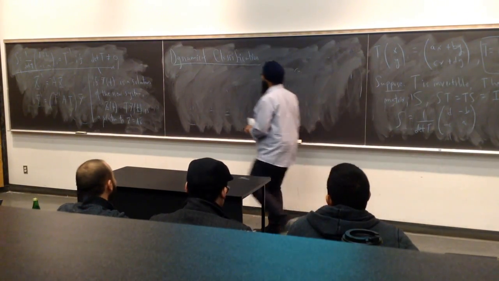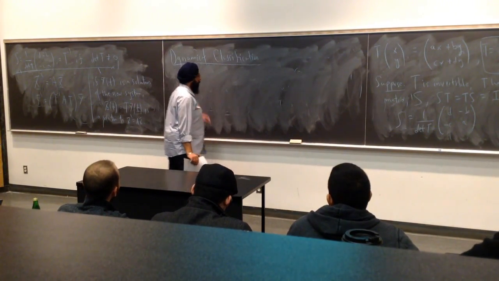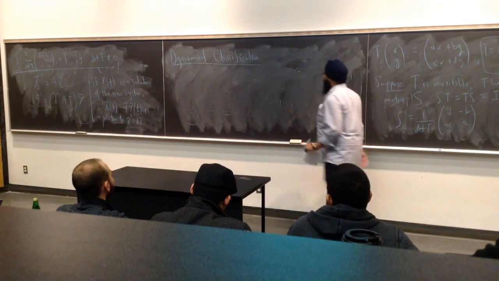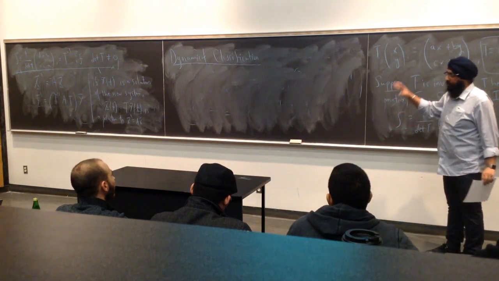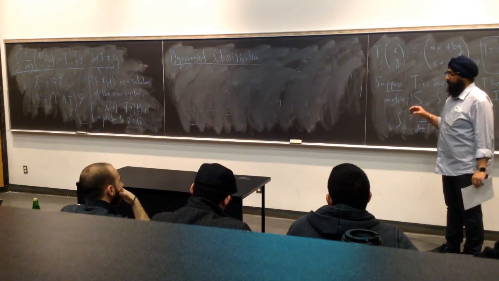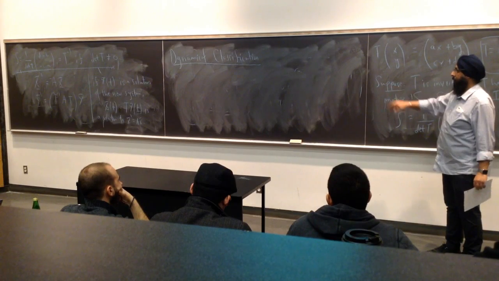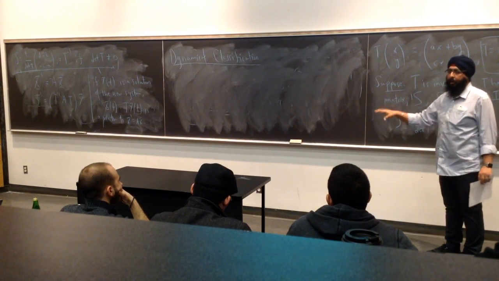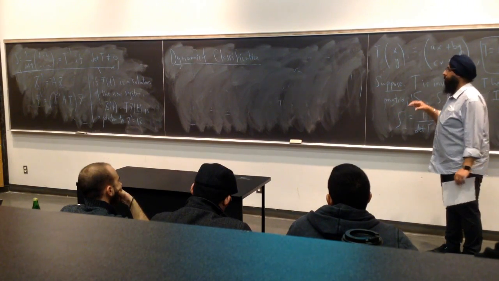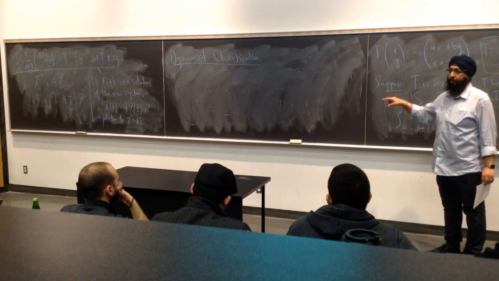In other words, if I give you some system of equations, can you just by looking at the system, without actually solving it, see what the long-term behavior of the solution will look like?